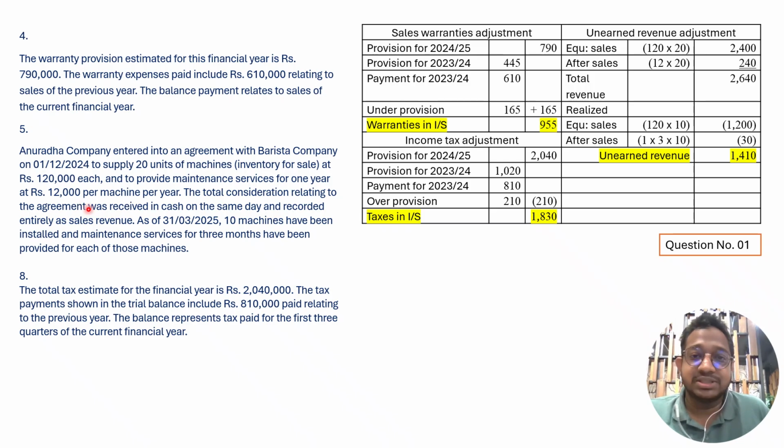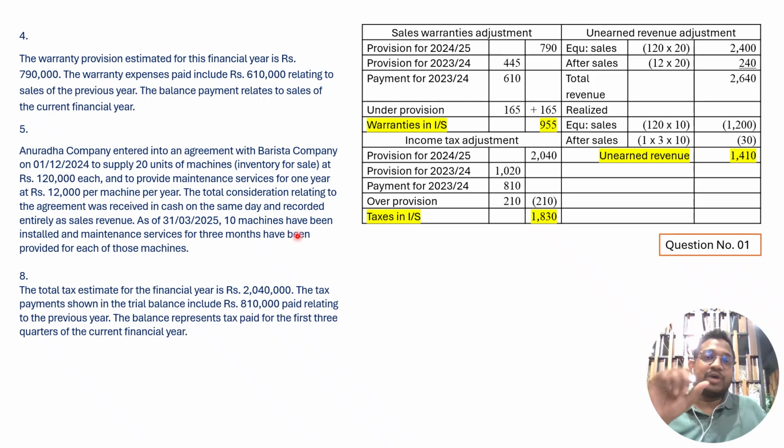The total consideration, which means the total revenue, is received and you already recorded that in sales. But as at 31st March 2025, you sold only 10 machines that have been installed, and maintenance services for 3 months have been provided for each of those machines.